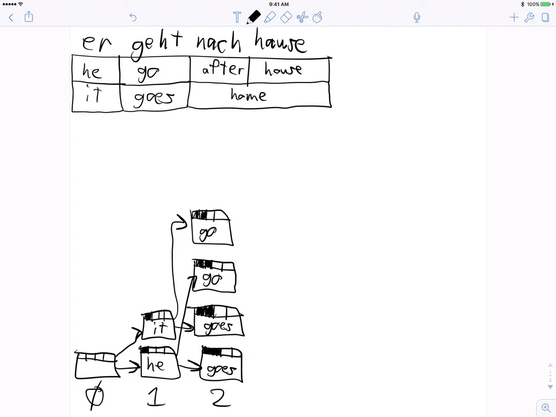Now, let's think about hypothesis recombination. When it comes time to extend go, we could extend it by translating nach as after.